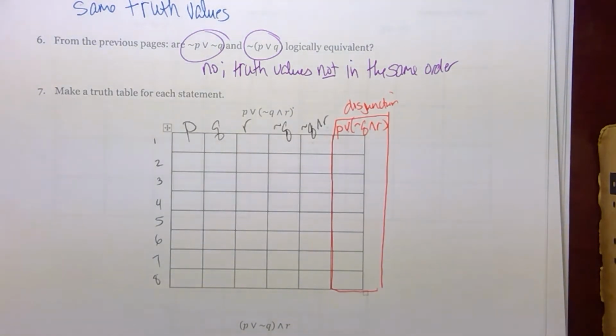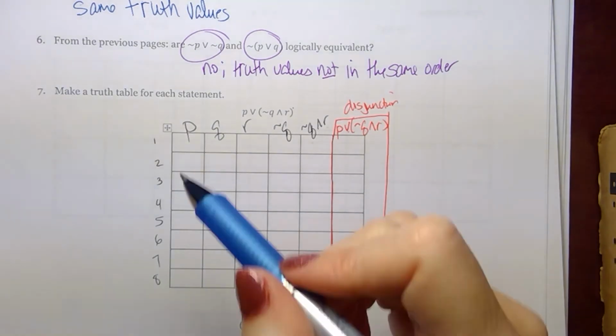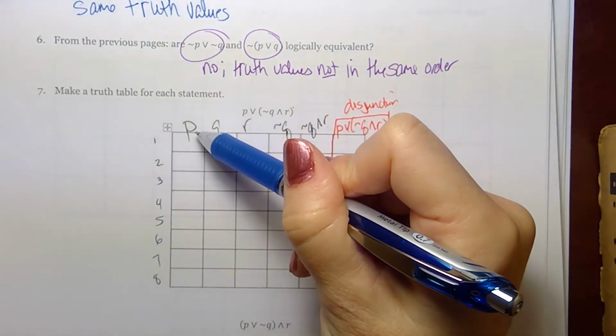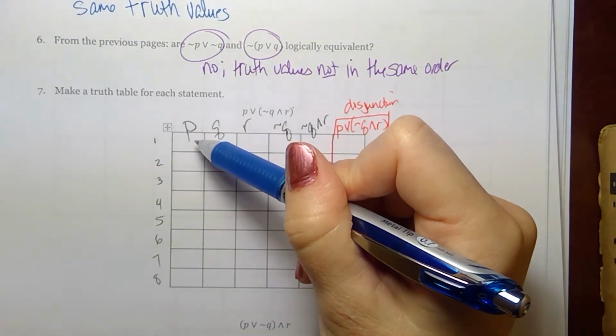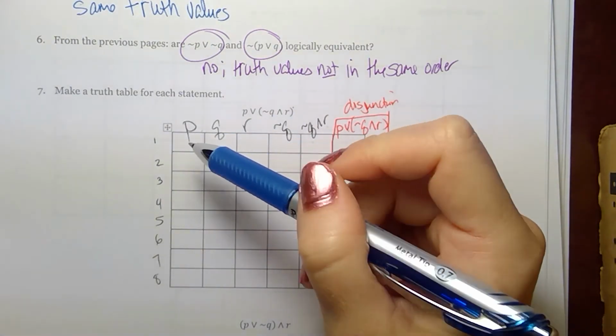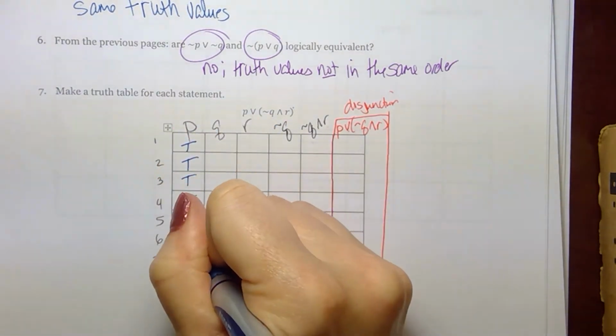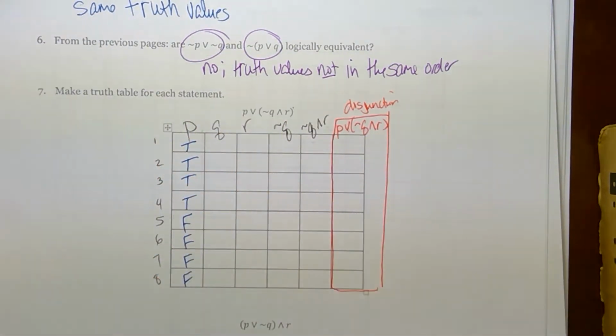Okay, so we haven't done an 8-case truth table yet. We just double everything. That's all we do. So for a 2-statement truth table with 4 cases, P went down 2 by 2: true, true, false, false. I double that. Instead of 2 by 2, it goes 4 and then 4. So I say 1, 2, 3, 4 trues, and then 1, 2, 3, 4 falses.